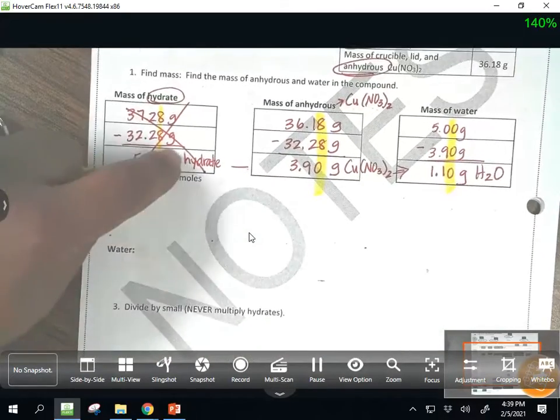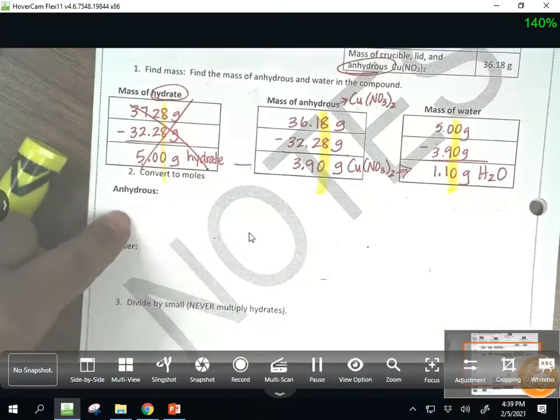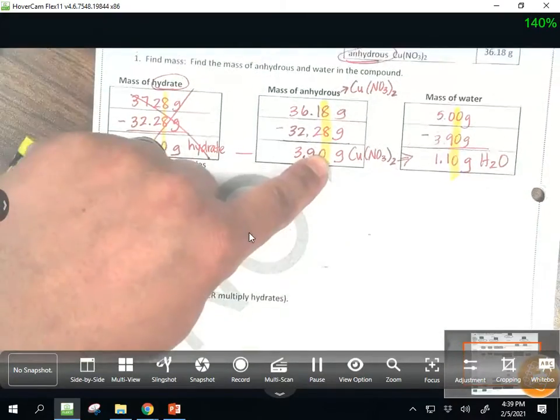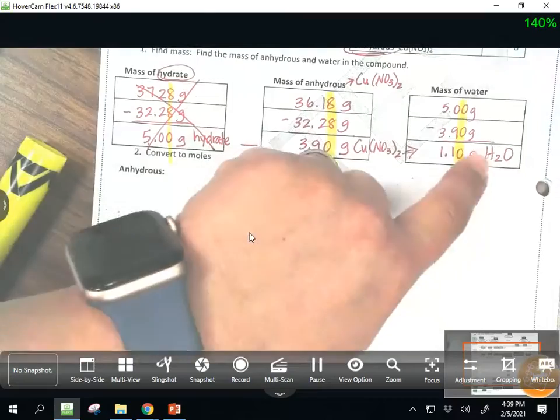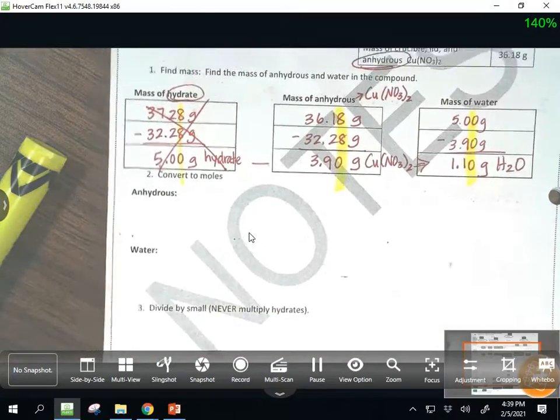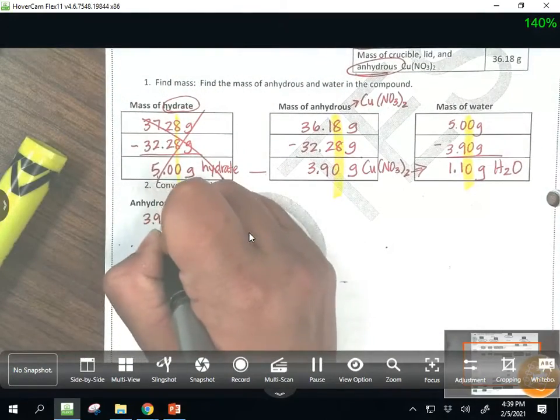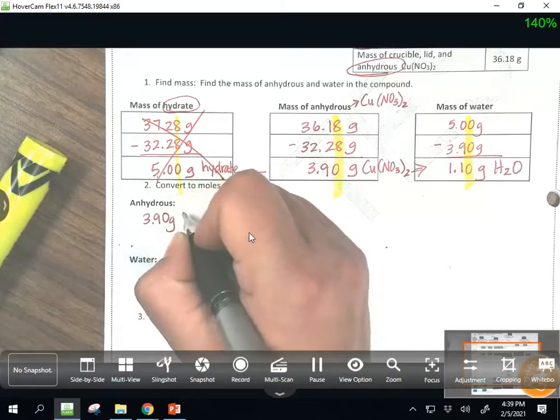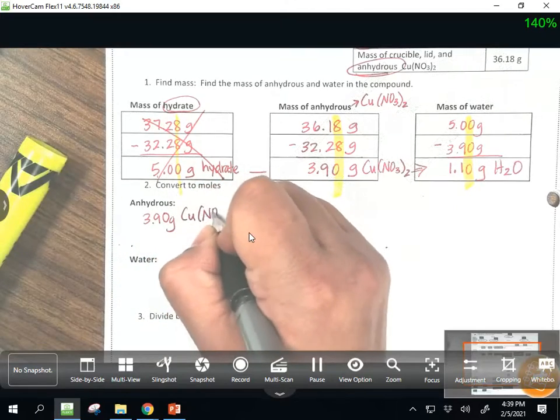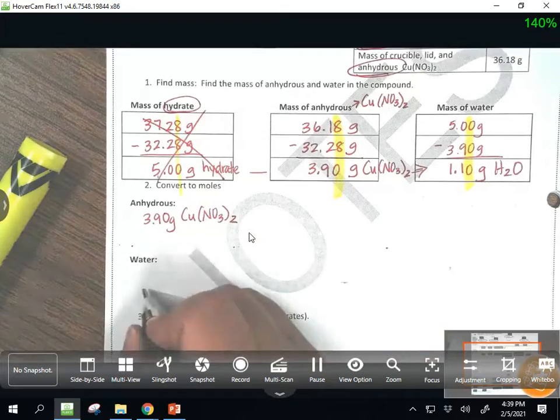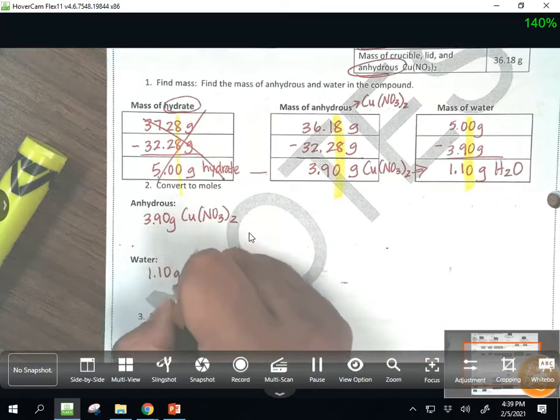Remember, once I find this, I cross this out. That's what happens. A lot of students want to use the hydrate. This is the anhydrous, so I need this number here. I'm going to take 3.90 grams of Cu(NO3)2, and the water here is 1.10 grams of H2O.